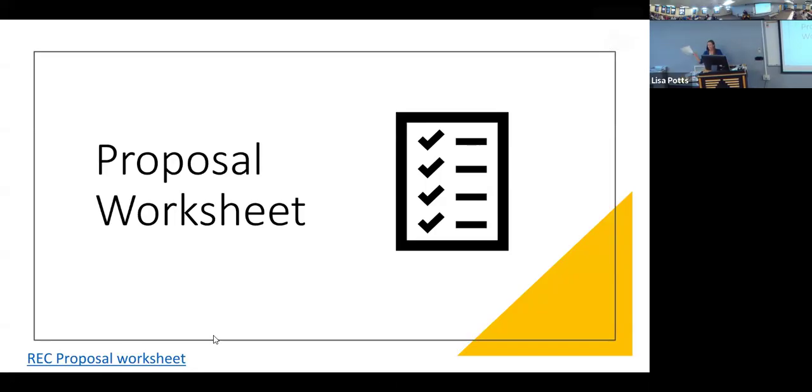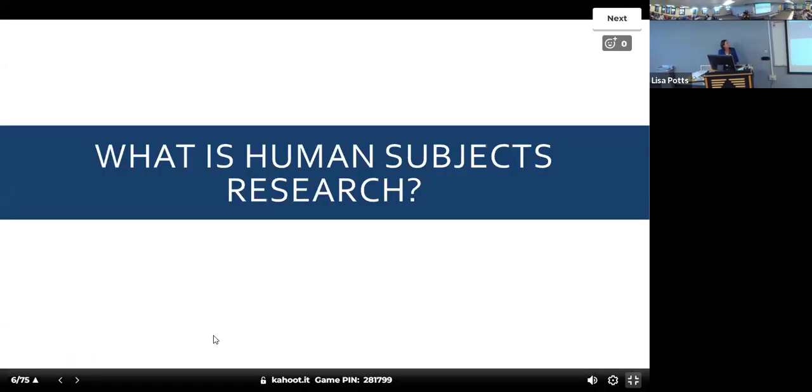I did bring a handful of copies, so if there's maybe one person from each department who would like a printed copy to see the full worksheet, it's there. It's a good resource to help understand, in preparation for writing and preparing the proposal. So that's what that is.